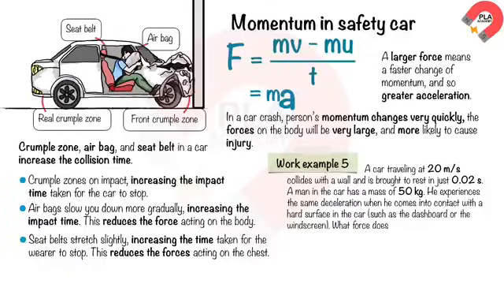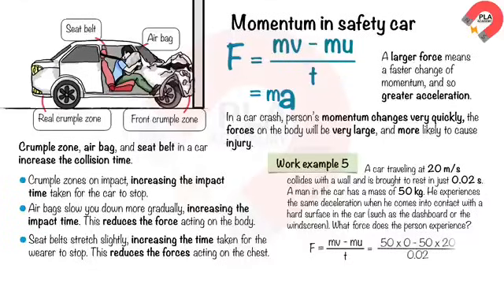What force does the person experience? To find the force acting on the person by this equation, we substitute m is 50 kilograms, v is 0 meters per second, u is 20 meters per second, and t is 0.02 seconds. So, the resultant force is 50,000 newtons.